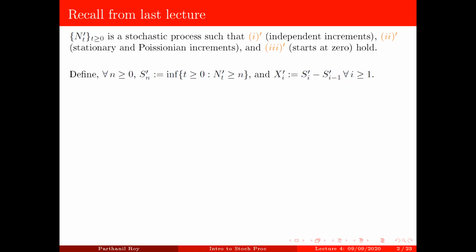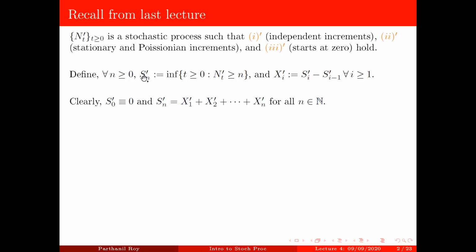And then we find the successive differences to compute the inter-arrival times, quote unquote, Xi dash, which is Si dash minus S(i minus 1) dash. So Xi dash is the successive difference between Si dash and S(i minus 1) dash, for every positive integer i.